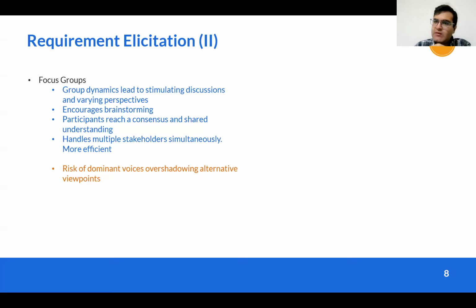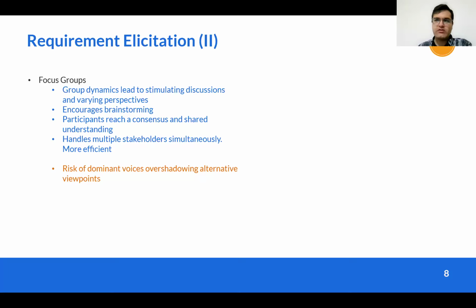So it's up to the group itself to be conducting itself a certain way. And usually people look to a leader, and that person becomes a dominant voice. So either it's going to be a talkative person or it's going to be a person who refuses to listen to other people. And this is going to overshadow alternative viewpoints, right?